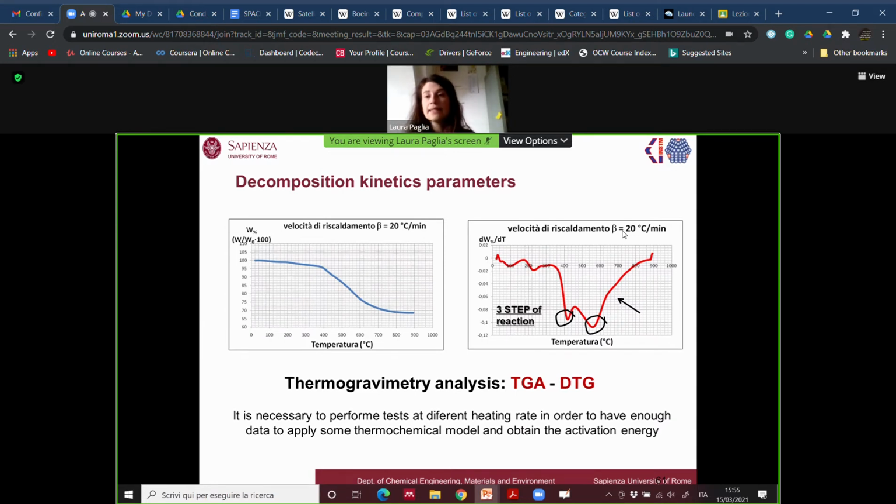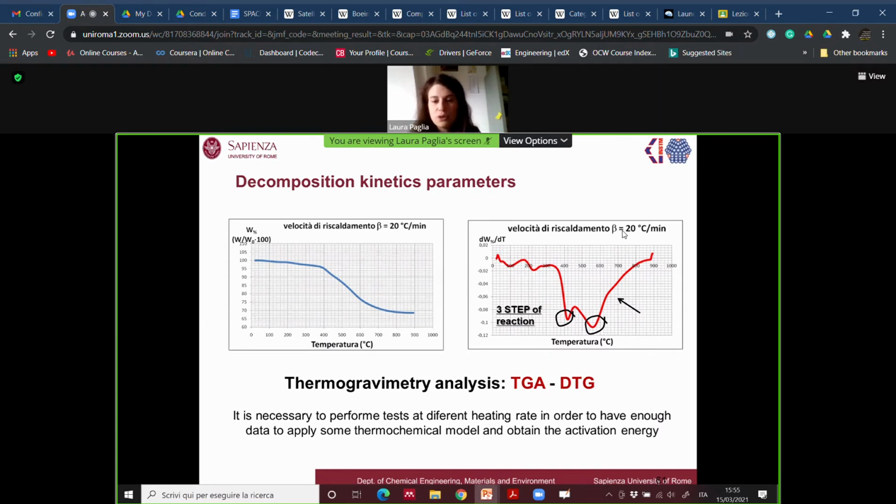This means that I have a value of activation energy for each peak, a value of pre-exponential factor for each peak, and a value of the order of reaction for each peak. But if my experimental curve is this one, how can I do?